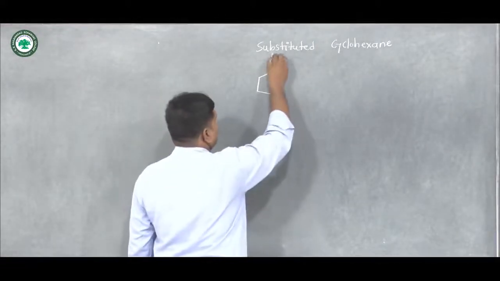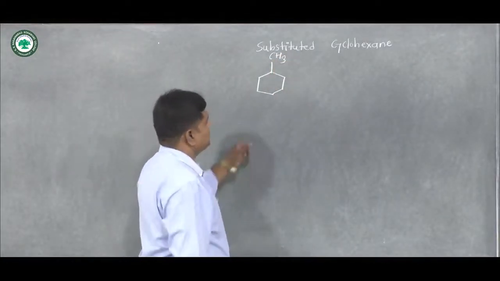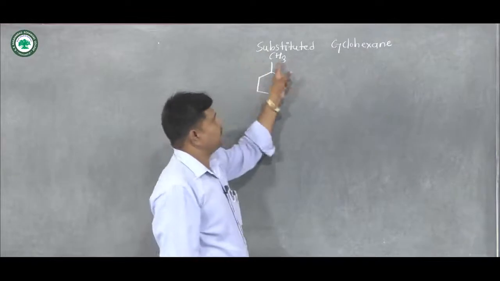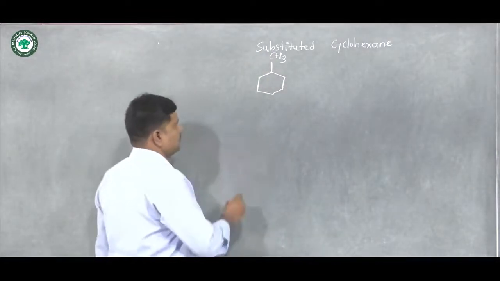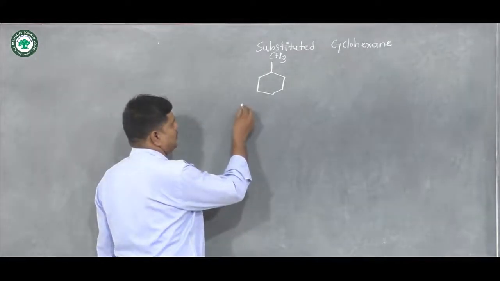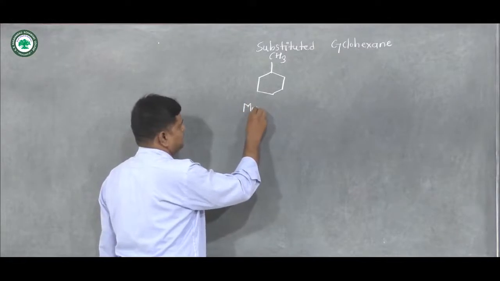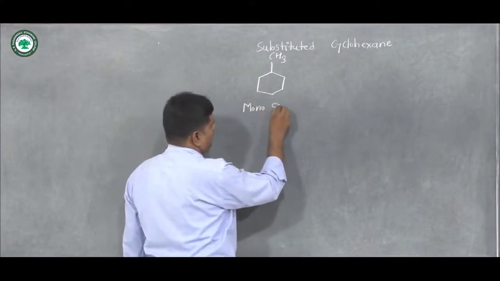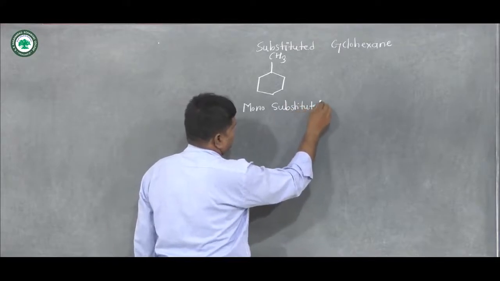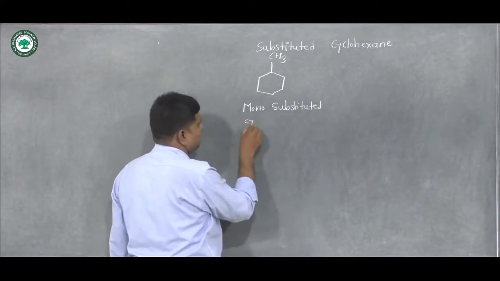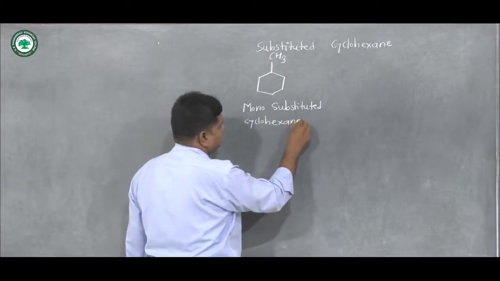So here we write one structure, and that is planar, having one methyl as a substituent. So we call this type monosubstituted cyclohexane.